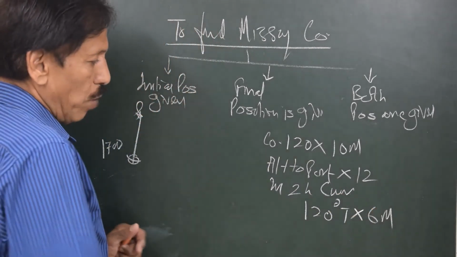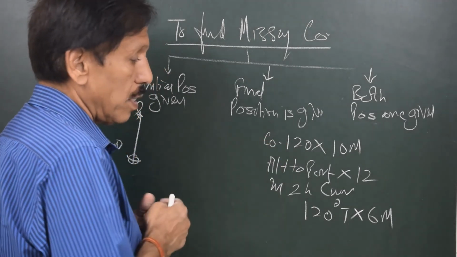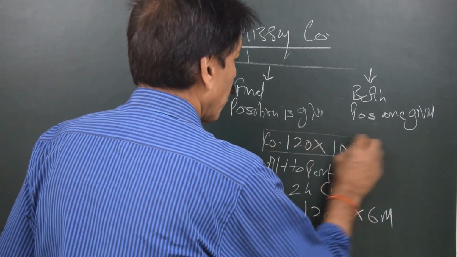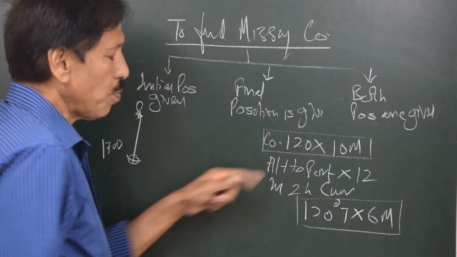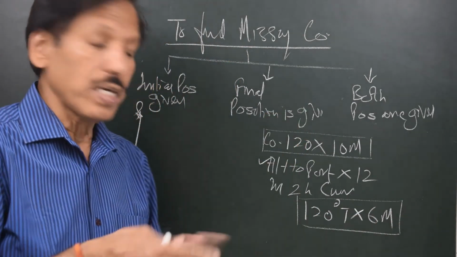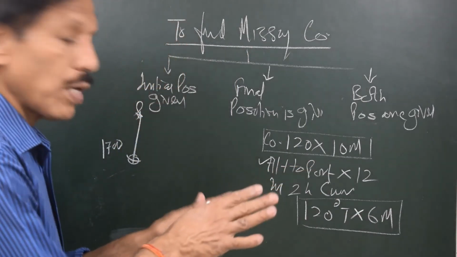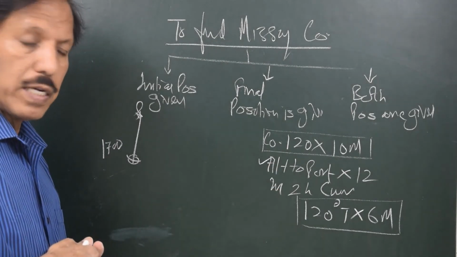So basically, if we consider these as the various courses which we apply in the day's work, this is a segment that we know fully. This is also a segment we know fully, but this particular segment, where you altered course to port and steered for 12 miles, we do not know completely. So this segment has to be left. We will treat this segment with the bearing that was taken.